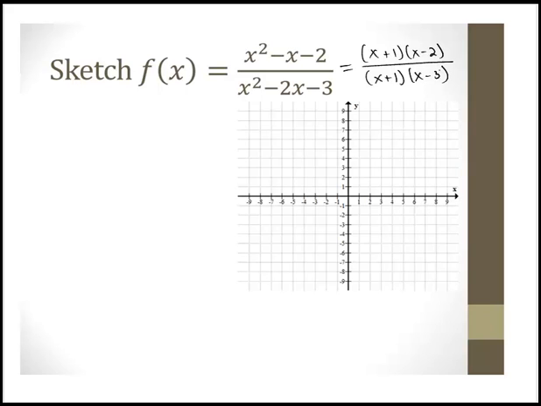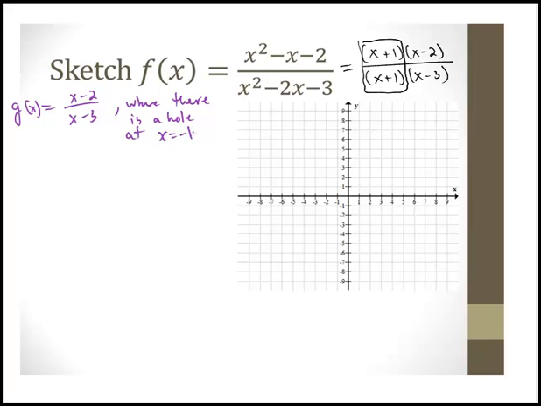So, what does this tell me? Since I see that I have this common factor of x plus 1 in the numerator and denominator, then I will write g of x is x minus 2 over x minus 3, where there is a hole at x equals negative 1.